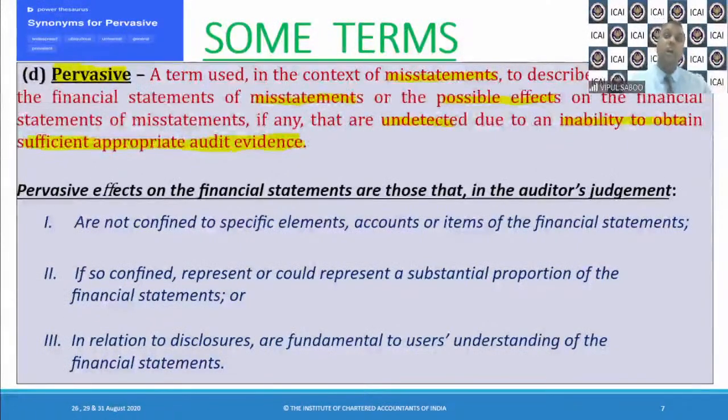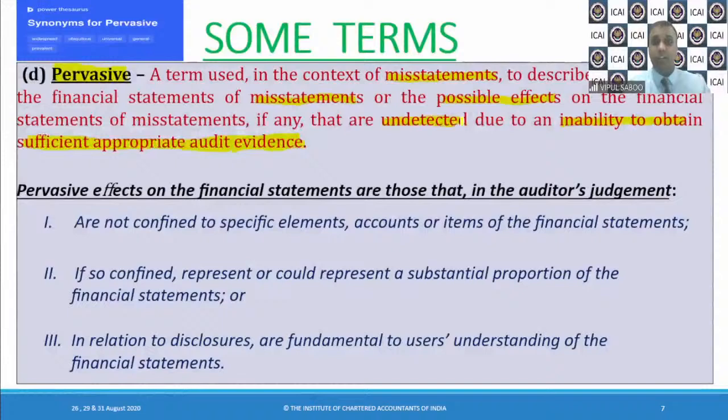If we are unable to detect the misstatements, due to our inability to obtain sufficient appropriate audit evidence, the results would be pervasive. General, widespread results. If it is a pervasive result in the context of misstatements, it will affect the whole financial statements.